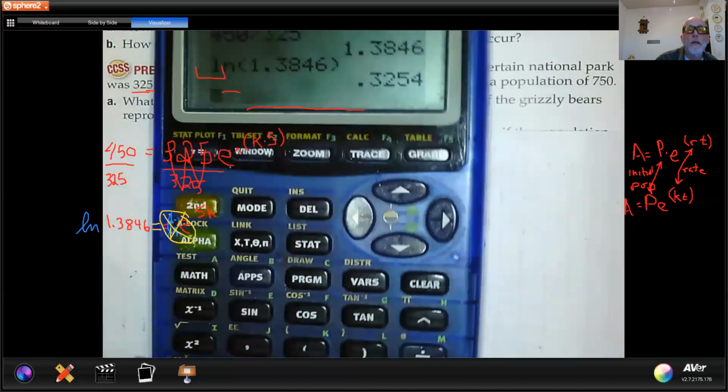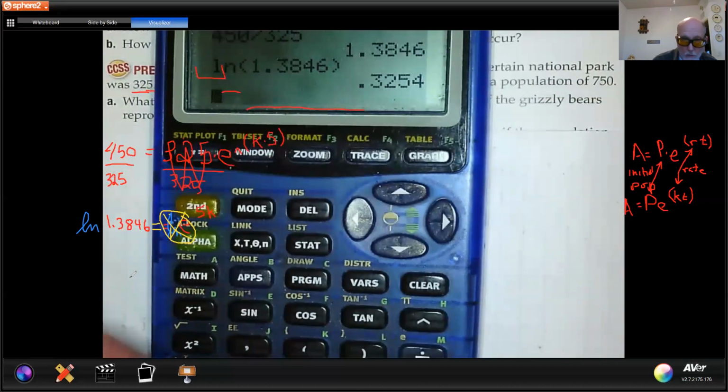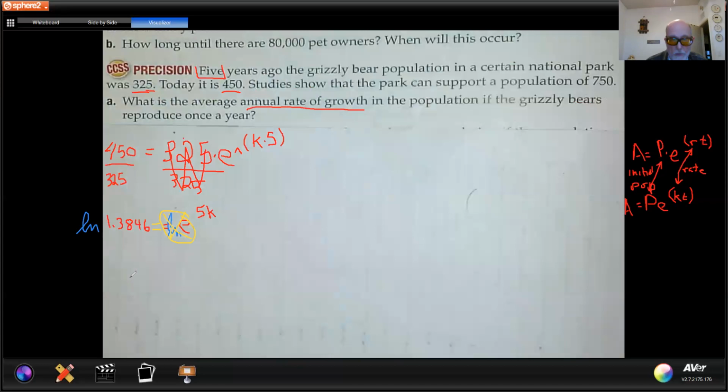What is that? That's 0.3254. So I have right here, 0.3254 equals 5k.